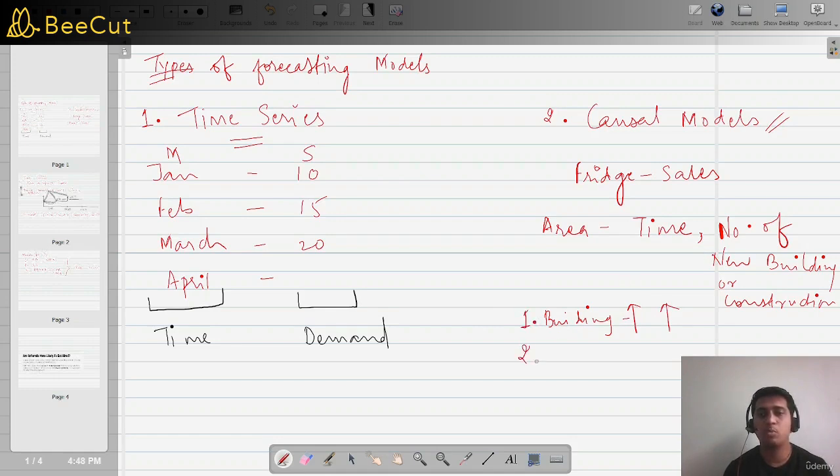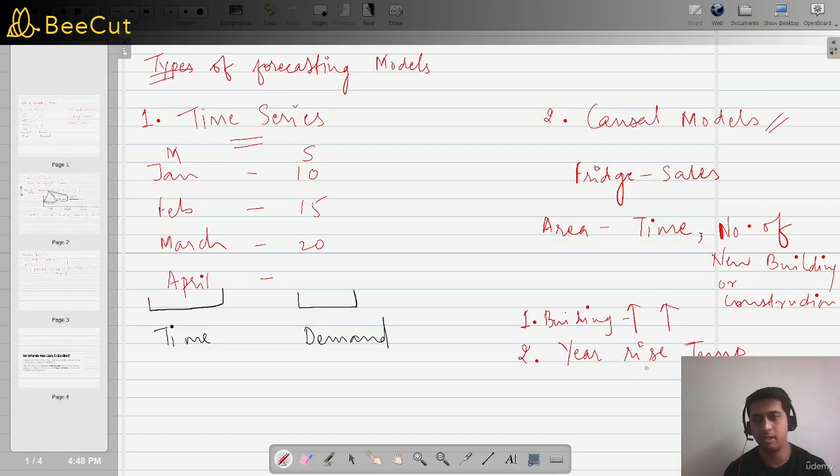Then we may also want to plot the year to year rise in temperature. So we have data where we have the rise in temperature versus the number of families switching to the use of fridges.